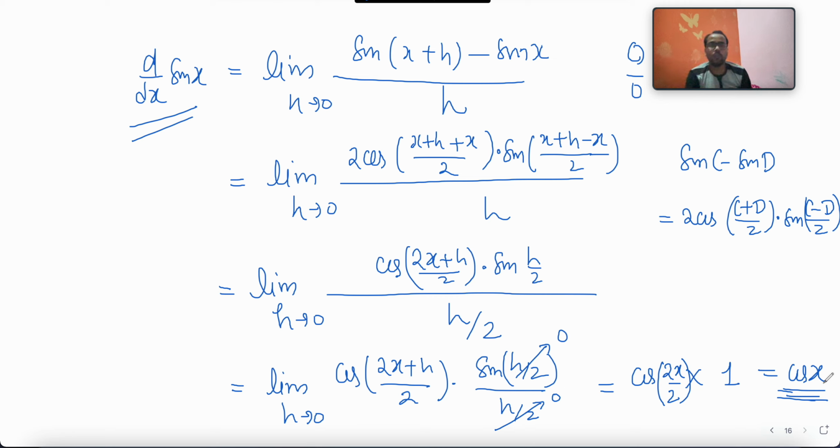So simply put here x equal to pi by 2. Cos 90, 0. That means you can say the rate of change of sine x at x equal to pi by 2 is 0. That means the slope of tangent to the curve y equal to sine x at x equal to pi by 2 is 0.